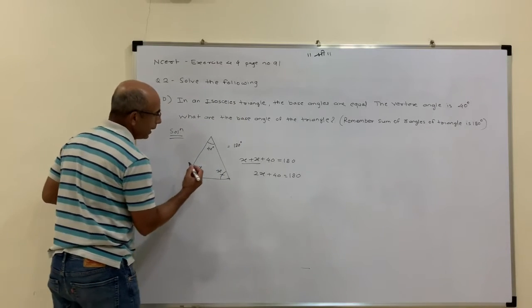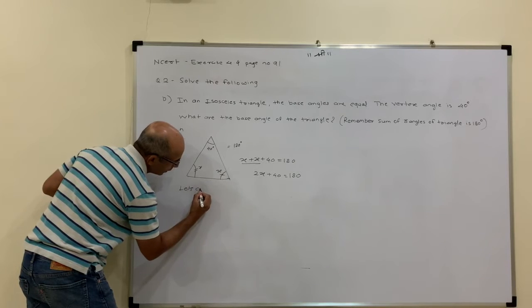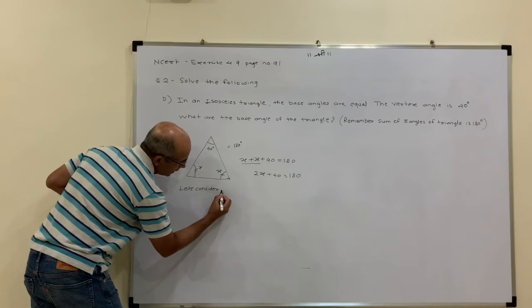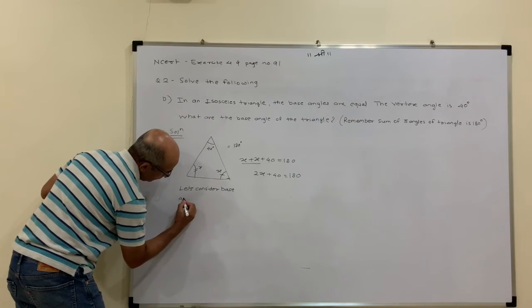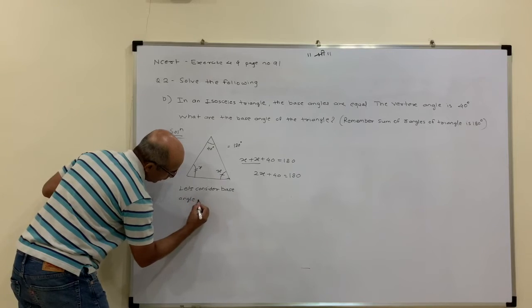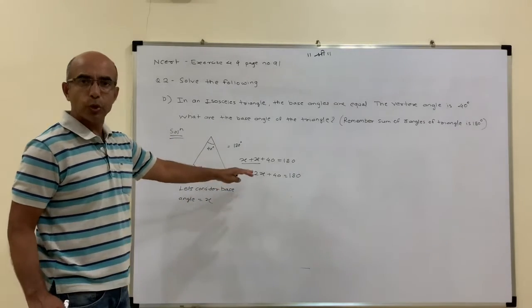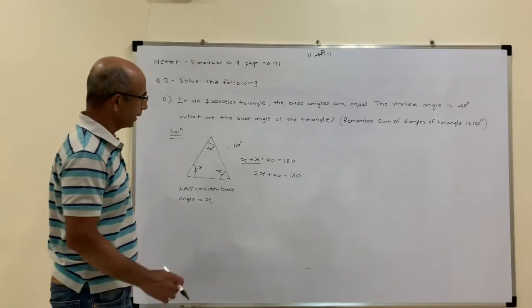So now let's consider the base angle equals x. Our equation will be 2x plus 40 equals 180.